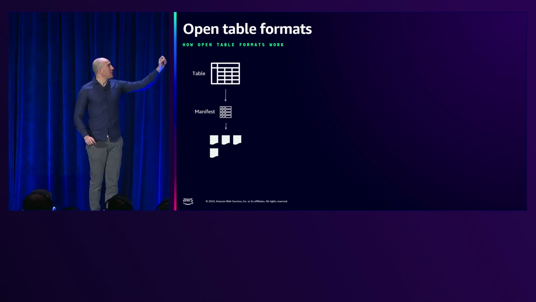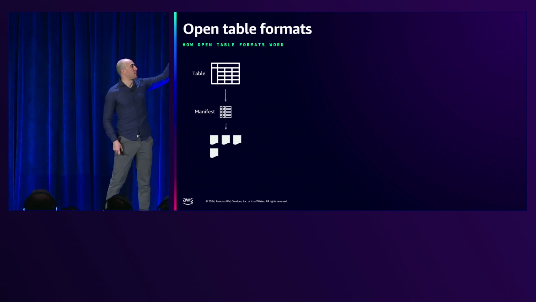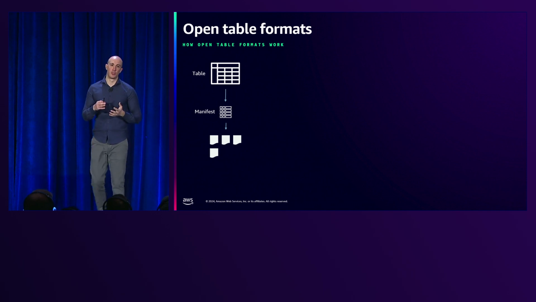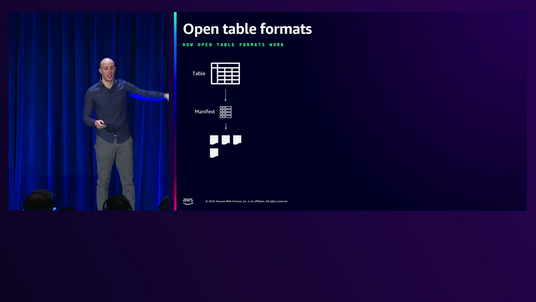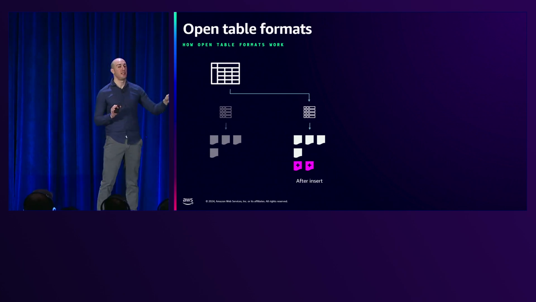However, a table at a specific point in time points to a manifest. And the manifest literally summarizes the status of the table. In this case, the table has only 4 objects. Let's say somebody comes and does an insert.